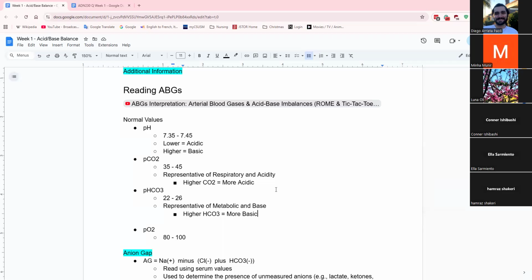The bicarbonate is considered representative of metabolic, which you want to start associating with the kidneys because the kidneys do certain things like waste potassium, waste magnesium, electrolytes. They help to waste or retain bicarbonate in order to help control your acid-base balance. So your kidneys help to regulate. And another organ that helps with acid-base balance is also your pancreas.